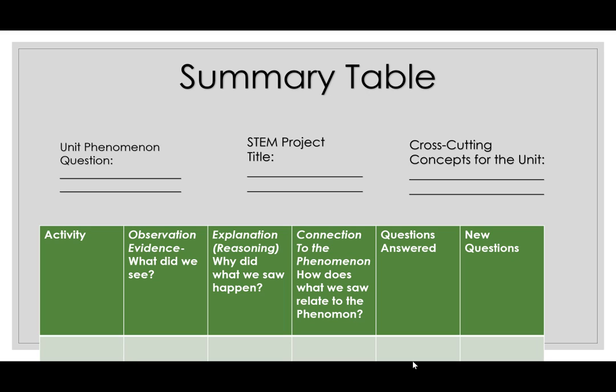Perhaps you will design something like this template, where students enter the unit question that they keep returning to as they gather evidence. Maybe it will include the STEM project title to remind them what this evidence gathering will ultimately be used for, and the listing of the CCCs to keep one eye on the broad themes that cut across the disciplines that may span the modules of a unit.